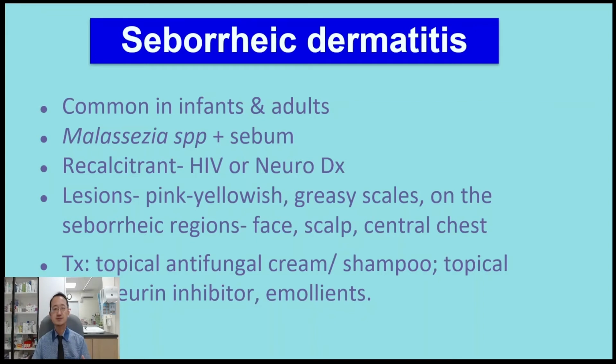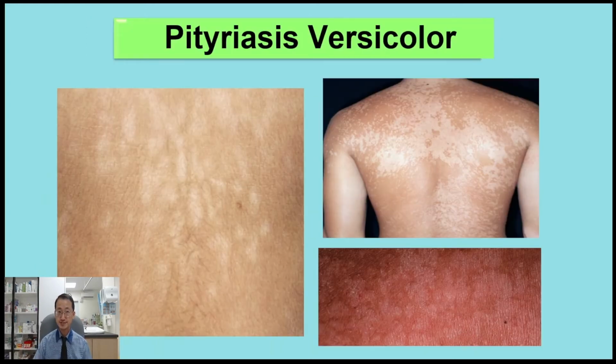In recalcitrant cases, which are very difficult to treat, sometimes they occur in HIV patients or neuro disease patients such as Parkinson's patients, stroke patients. All right. Now, they present as pinkish or yellowish greasy scales on the seborrheic region. Treatments will be topical antifungal creams or shampoos, or sometimes we give oral medications.